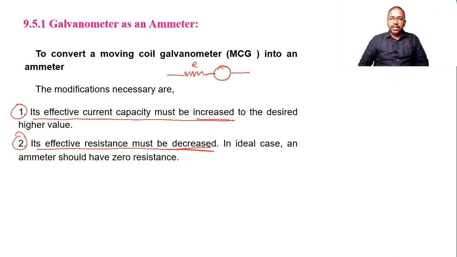So it must have a lesser resistance, because if this galvanometer has a larger resistance, then this resistance is added to this external resistance R. To avoid this, we have to give a lesser resistance, means the effective resistance we have to decrease. Ideally, an ammeter has zero resistance. The ideal resistance of an ammeter is 0.